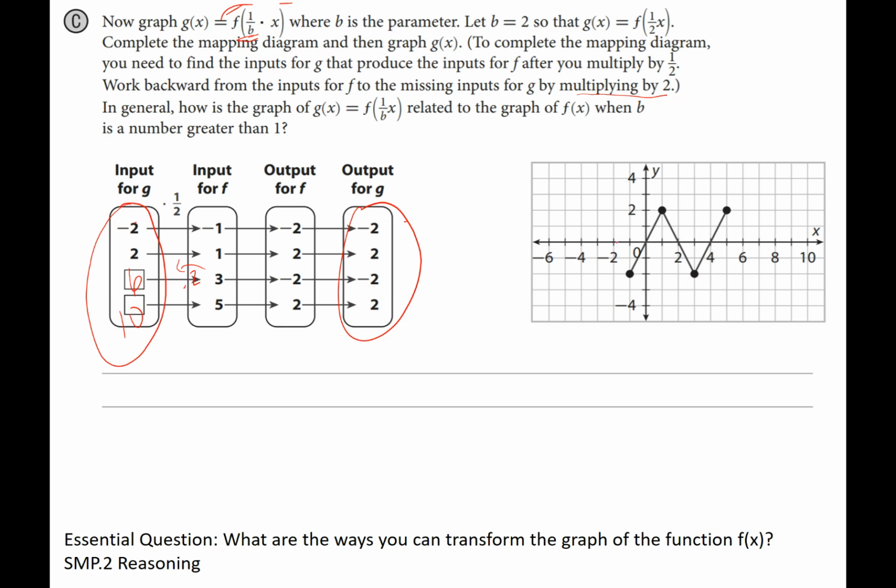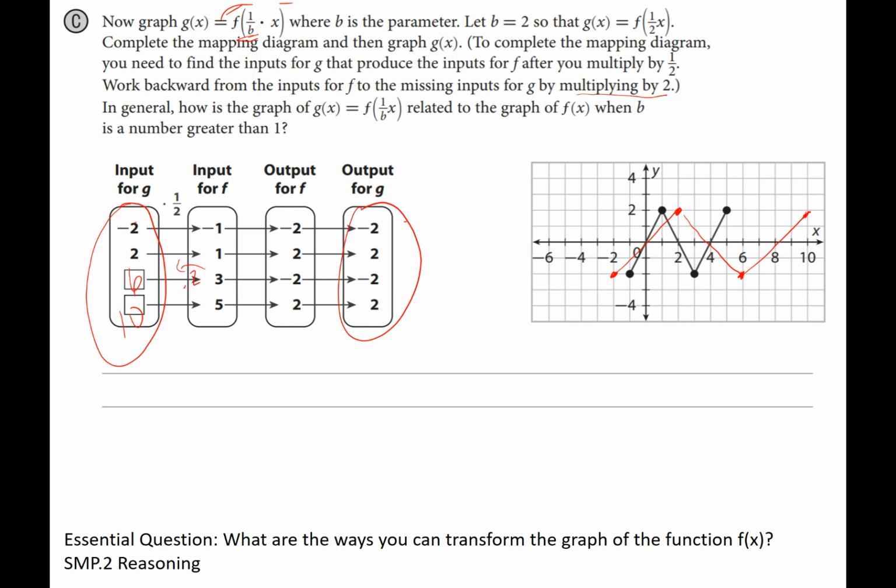So negative 2, negative 2. And then 2, 2. And then 6, negative 2. And then 10, 2. And you notice when we connect our dots this time, it looks like we pulled it left to right. So it looks like we did a horizontal stretch on it.